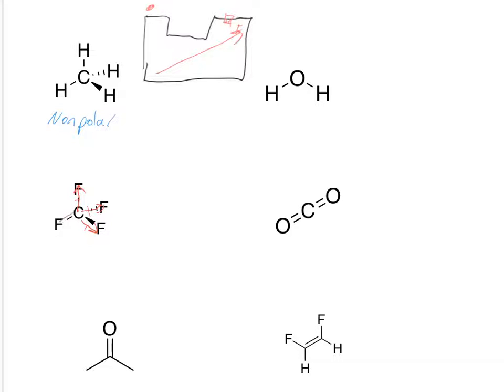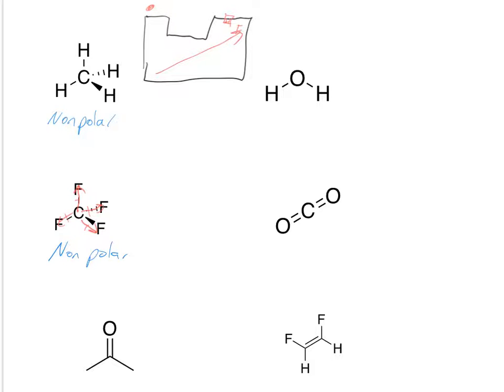On each one of these, we're pulling the electron density away from the carbon. But if you notice, they're all pulling out, all away from the carbon. So even though each one of these bonds is very polar, overall, they're going to cancel each other out. So net, the molecule itself is also nonpolar.